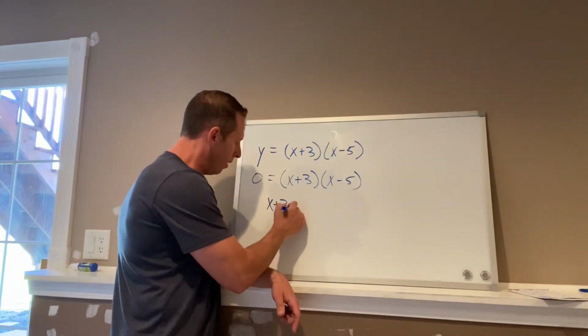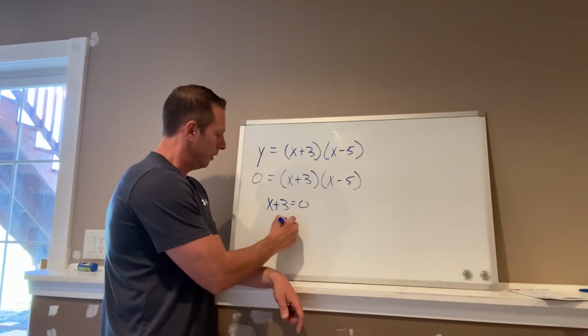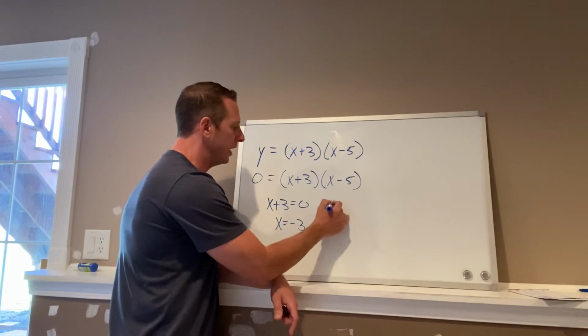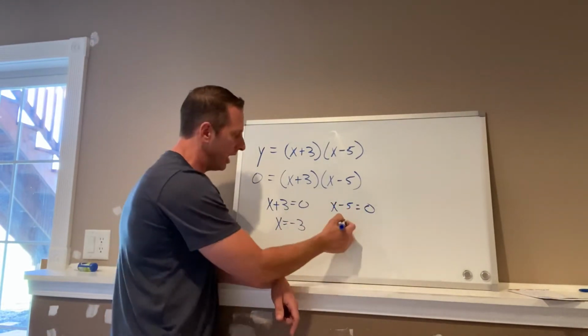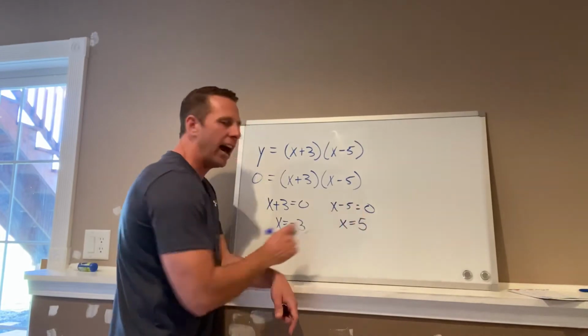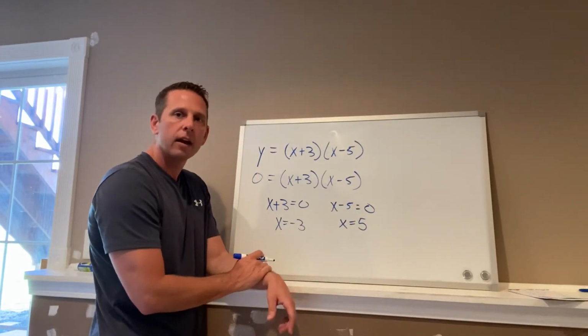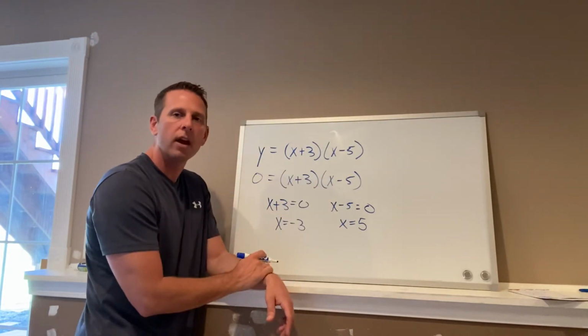Well, what makes x plus 3 equal 0? If I plug in -3. What makes x minus 5 equal 0? Add 5 to the other side, so x equals 5. That's it. Set the factors equal to 0 and solve.